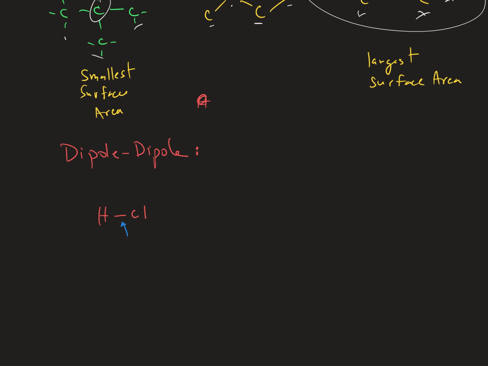You're not going to break it just by giving it energy, okay? But if we have another one of these, you're going to have this intermolecular force, which is a dipole-dipole intermolecular force. And we'll talk about why it is in just a minute. But that dipole-dipole attraction is much, much weaker than the covalent bond itself.